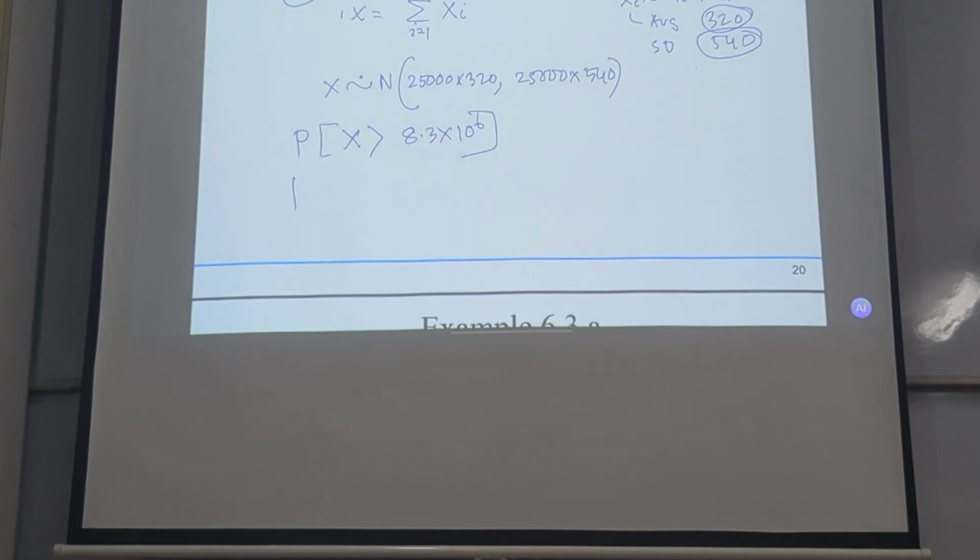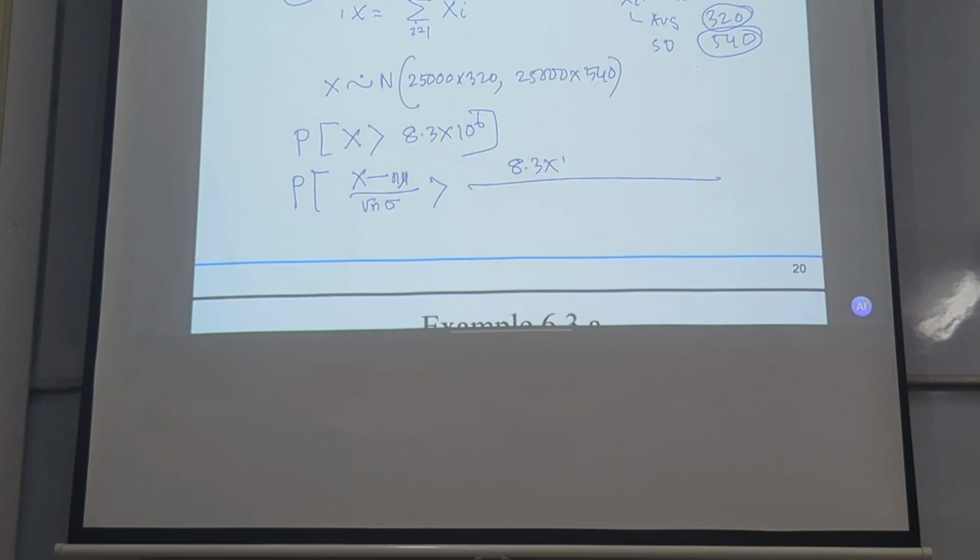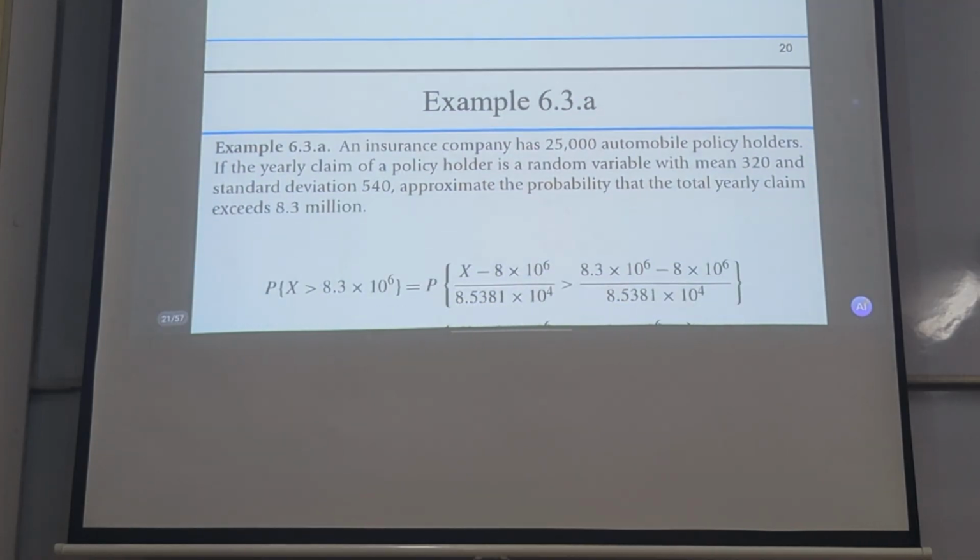What we need to do is write X minus n mu divided by square root of n sigma, right, is greater than 8.3 into 10 to the power 6 minus 8 into 10 to the power 6, right? Divided by what? The square root of this one is 8.53 into 10 to the power 4.